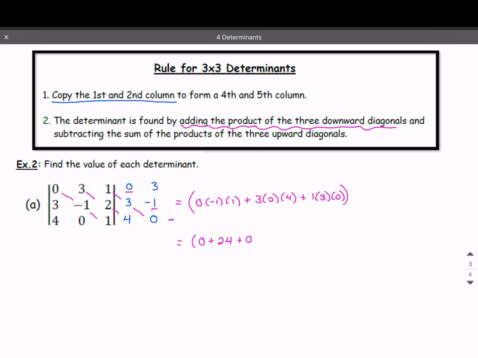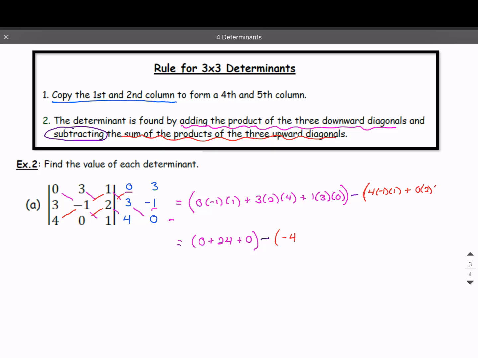So I'm going to close those parentheses. Then we're going to subtract. We subtract the sum of the products of the 3 upward diagonals. So we start at the left again. 4, -1 times 1. That's just -4. Plus, we do the next one, 0 times 2 times 0.